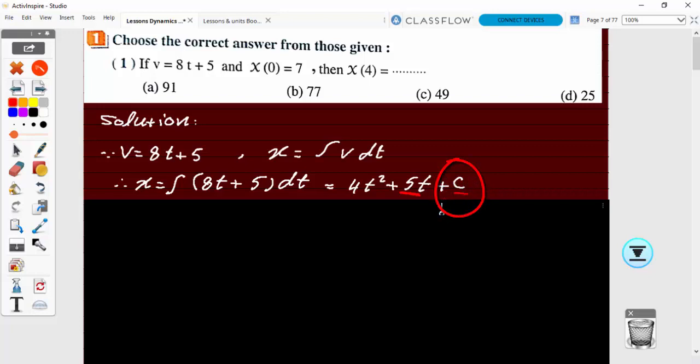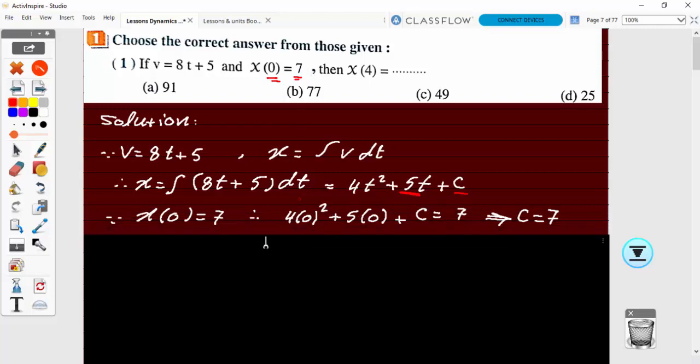Now we want to calculate the constant of integration, which is denoted by c, from the initial conditions. Here we have at the beginning when t equals 0, x naught equals 7.